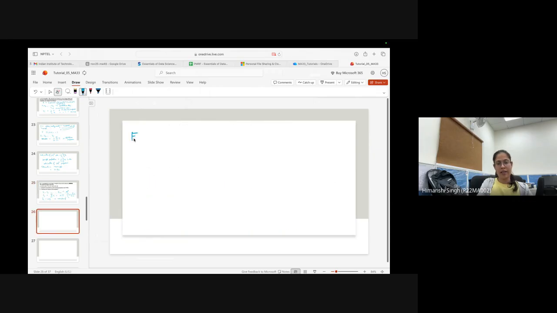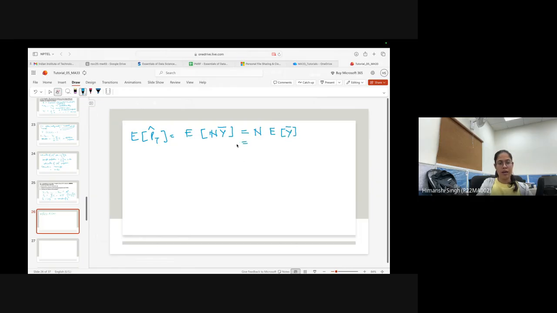For example, if I take the expected value of PT hat, that is the expected value of N times Y bar. N will come outside, so N times the expected value of Y bar.